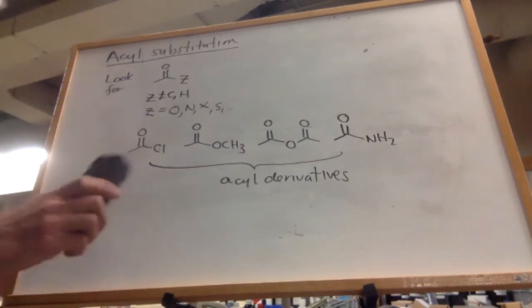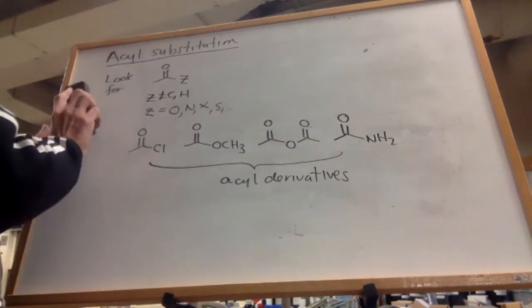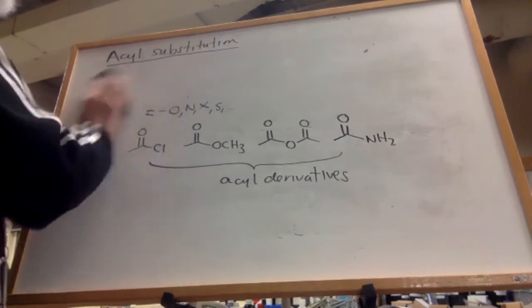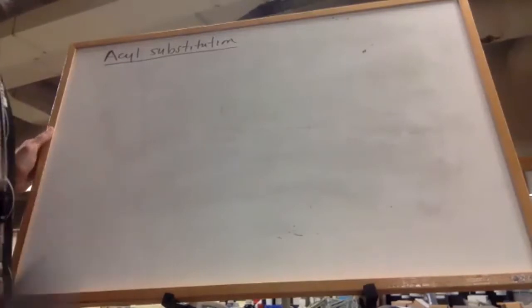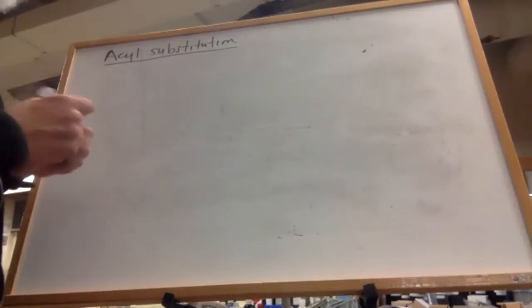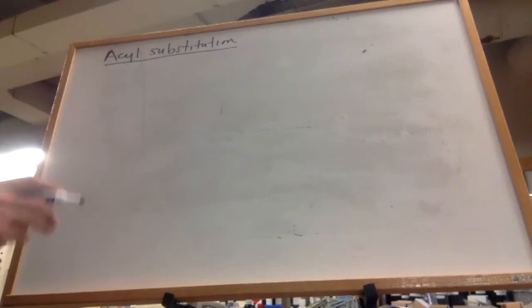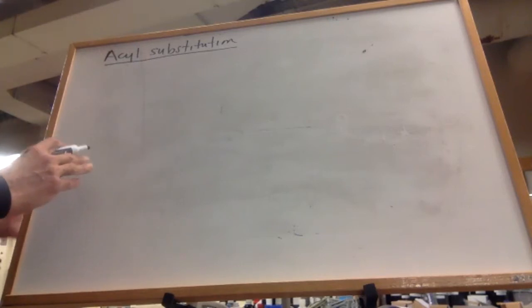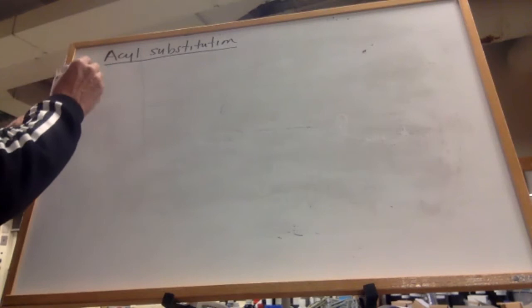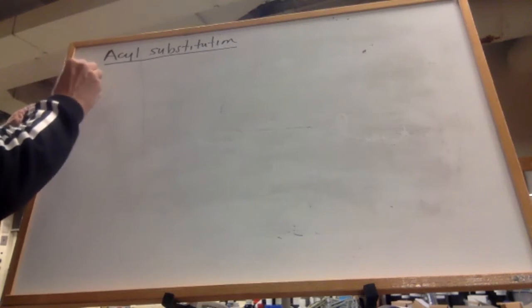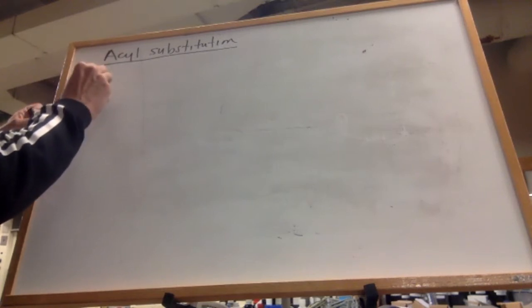Okay, so now we know what is going to undergo acyl substitution. You're looking for a carbonyl carbon that is bonded to something that is not carbon and not hydrogen. Acyl substitution can happen under acidic conditions, under neutral conditions, and under basic conditions. So let's look at the overall reaction in acid.